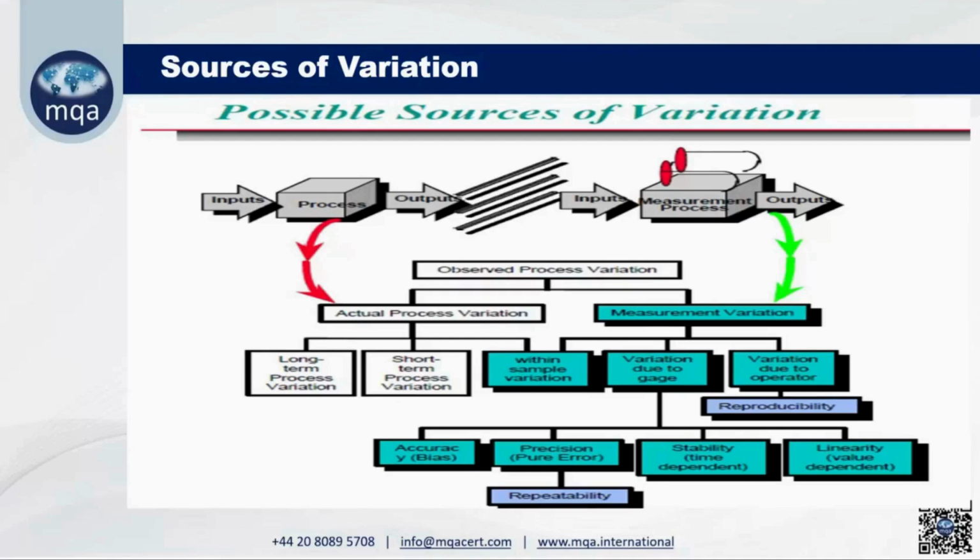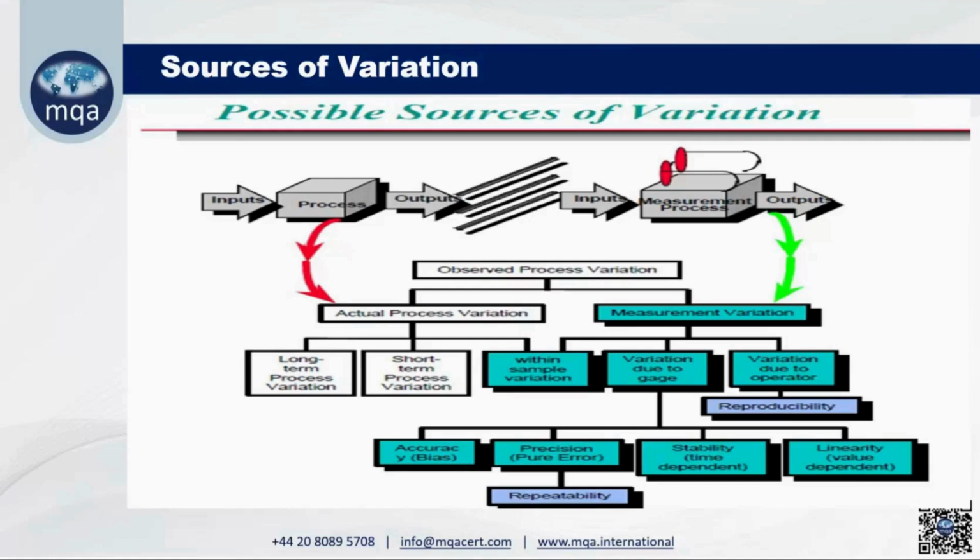But when we see the measurement, we will see three types of measurement error: within-sample variation, variation due to gauge, and variation due to operator. Now, variation due to instrument, like a gauge, has four categories: accuracy, precision, stability, and linearity.